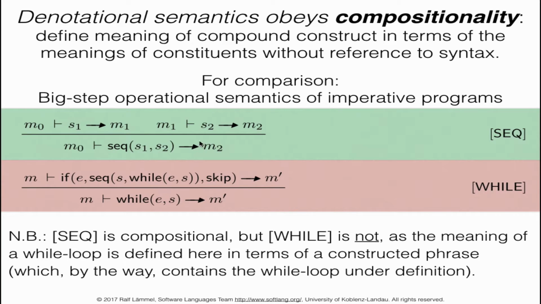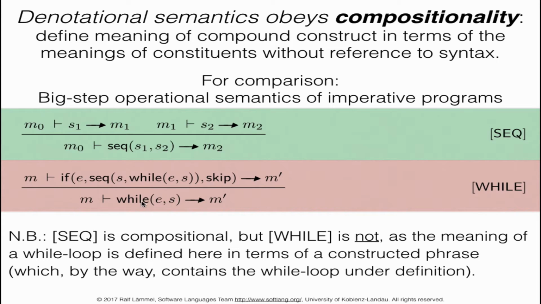So compositionality means that you define the meaning of a construct solely in terms of the meanings of the constituents. So this is what we do here. We define the meaning of sequential composition S1, S2 in terms of the meaning of S1 and the meaning of S2. So this is compositional.